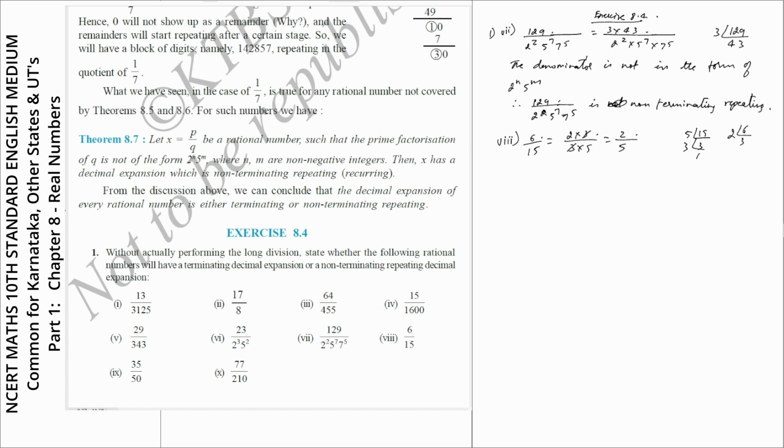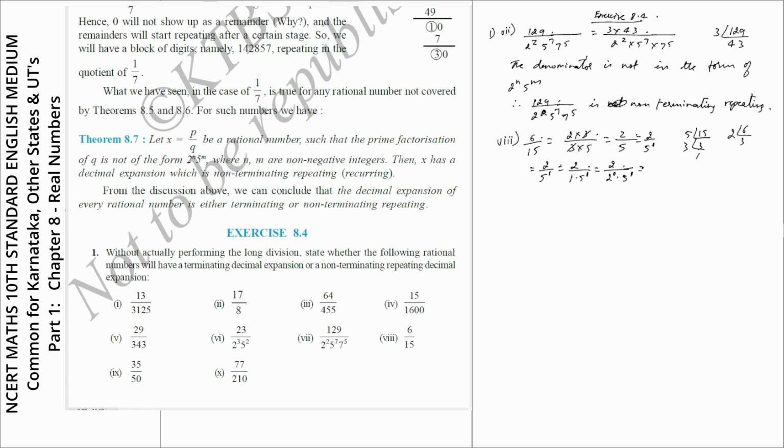5 means 5 power of 1. So this I can write as 2 by 5 power of 1. Again, I can write it as 2 power of 0, which is 1, into 5 power of 1.